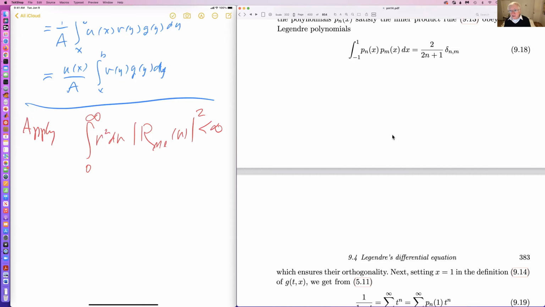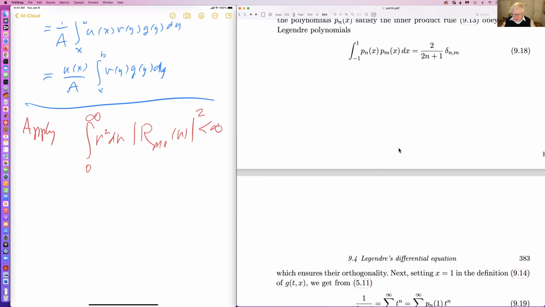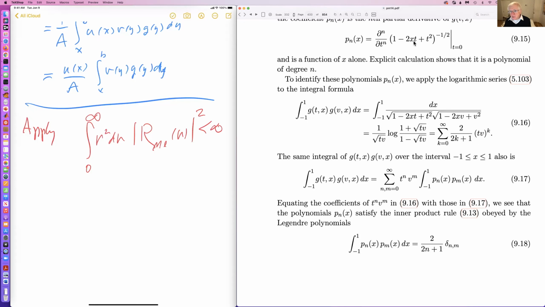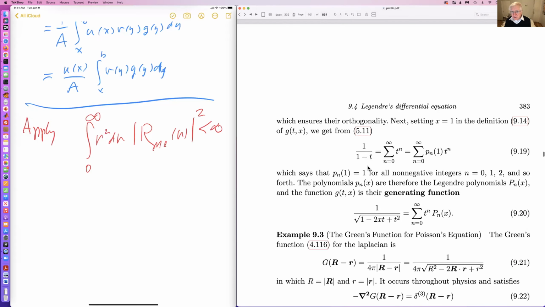And then to see that they're normalized, namely that little P_n(1) is equal to 1, what we do is we go back here and we set x equal to 1. Then this is 1 minus 2t plus t squared, that's (1 minus t) squared, to the minus 1/2. So that's 1 over 1 minus t. On the right-hand side, that's the sum of P_n(1) t^n.